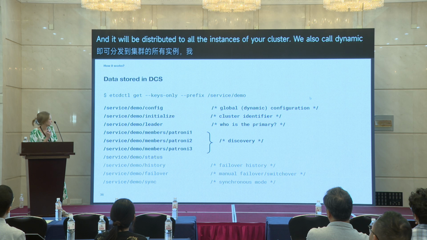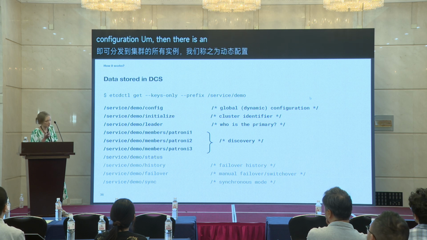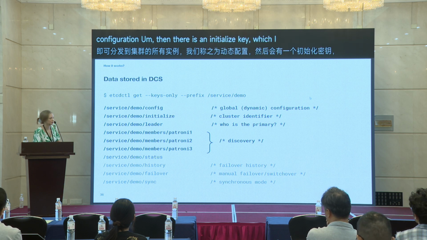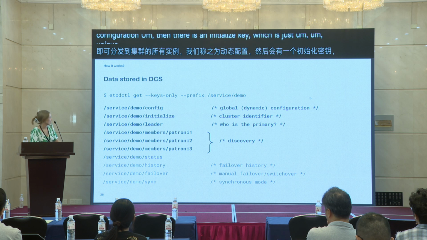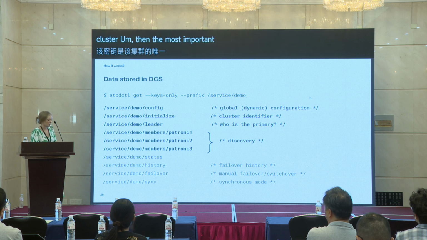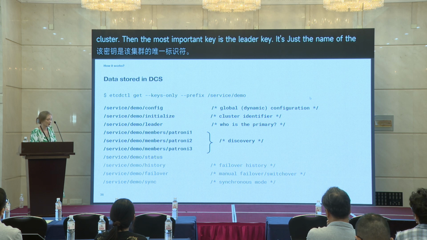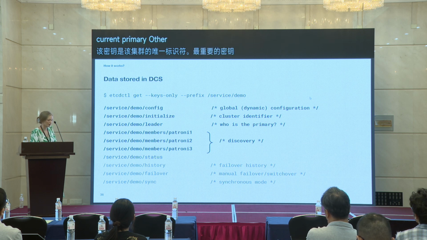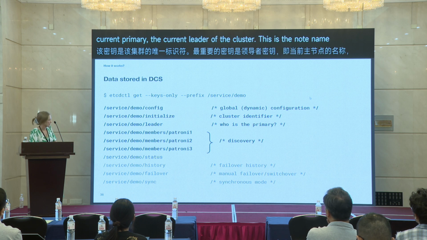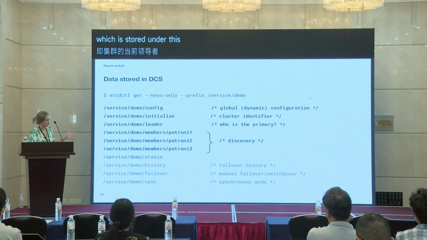Then there is an initialize key, which is just a unique identifier of this cluster. Then the most important key is the leader key. It's just the name of the current primary, the current leader of the cluster. This is the node name, which is stored under this key. Then we have members, all the members, as we previously said.